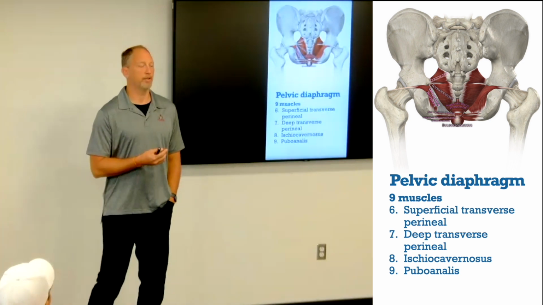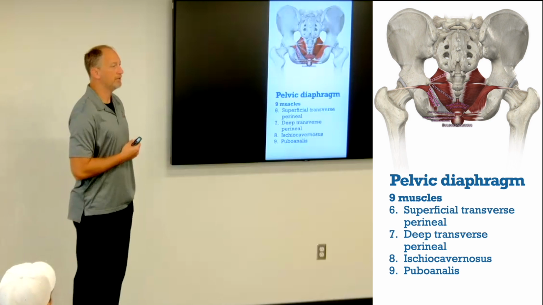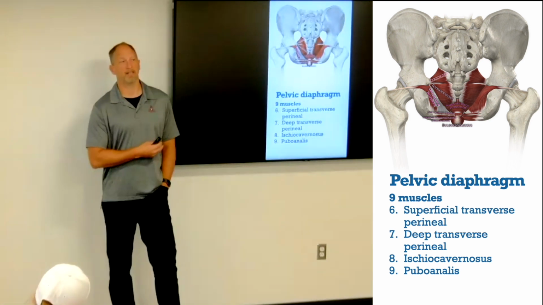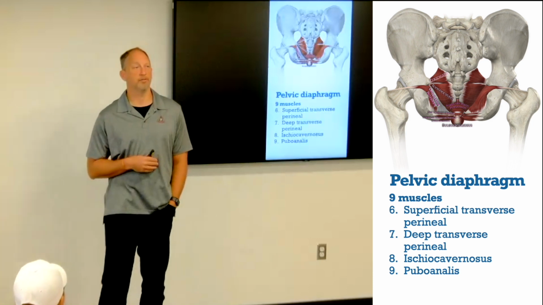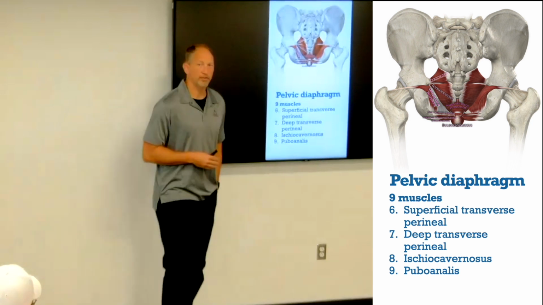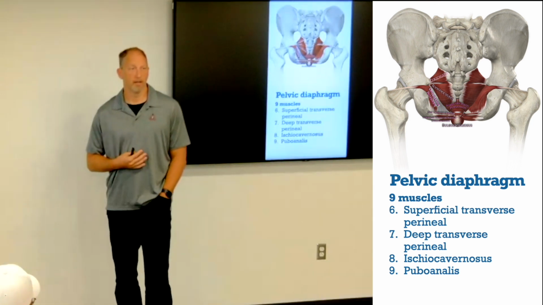If you have a pelvic floor issue, it can be tied into the TMJ issues that person's having. If you have a pelvic floor issue, it can be tied into the psoas, the hip extension issues that you're having. If you have a pelvic floor issue, it can be tied into your inability to fully extend the knee.